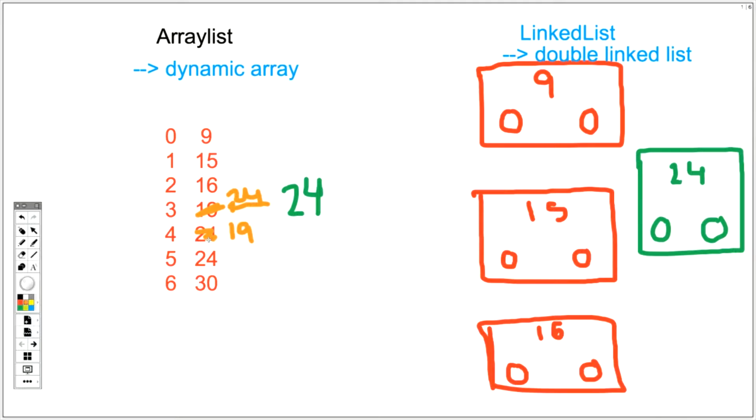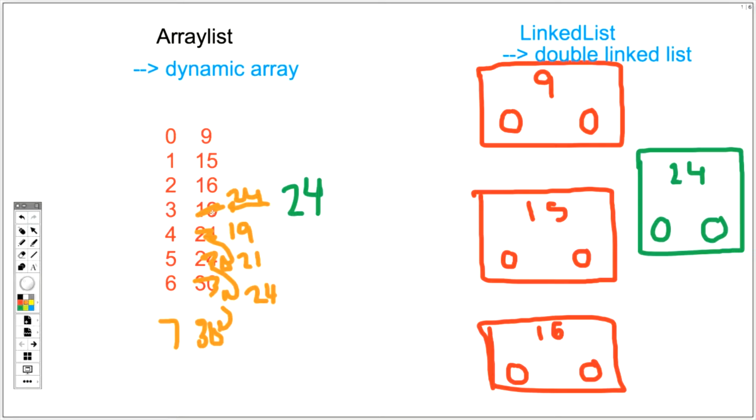Then 21 would go over here at index 5. Then 24 would come over here at index 6. And then 30 would be pushed to index 7. Whenever one number is pushed in, all the numbers go down one index as well.